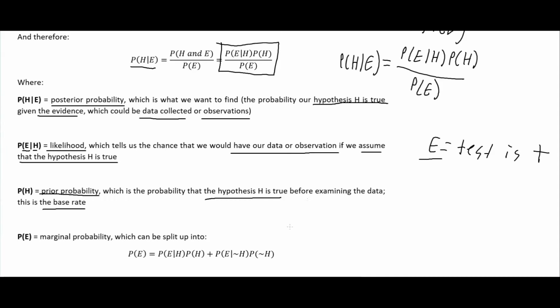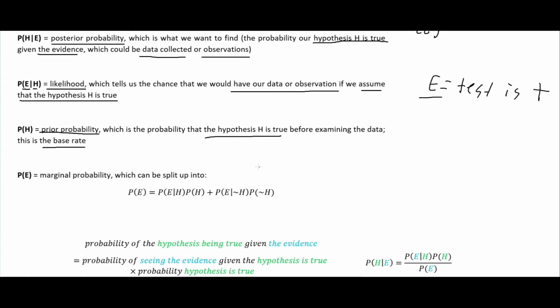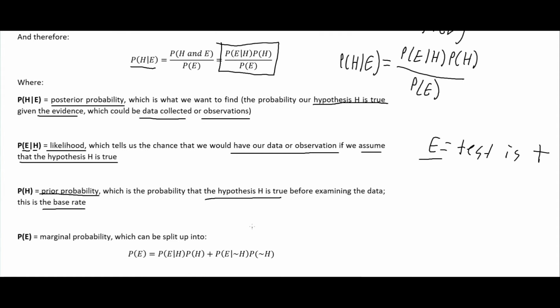We can see how that is going to adjust things, because the number of women who have breast cancer in the entire population is going to be fairly small, because most women you meet walking the streets are not going to be women who have breast cancer. And the probability of E here is what's called the marginal probability.